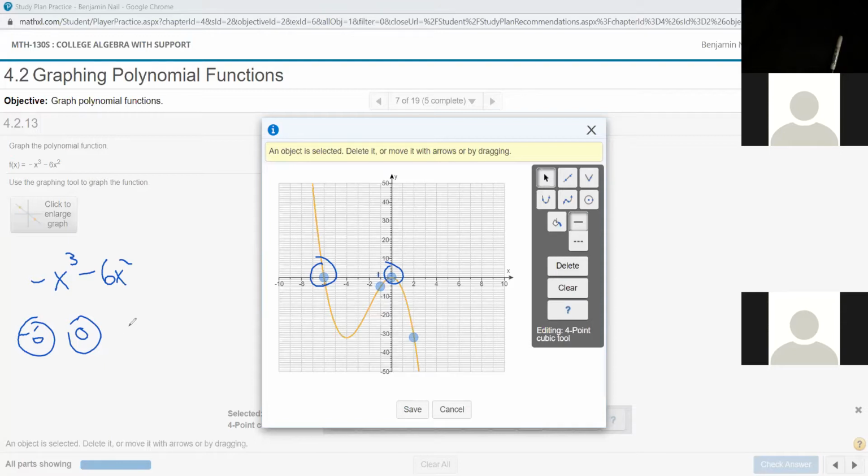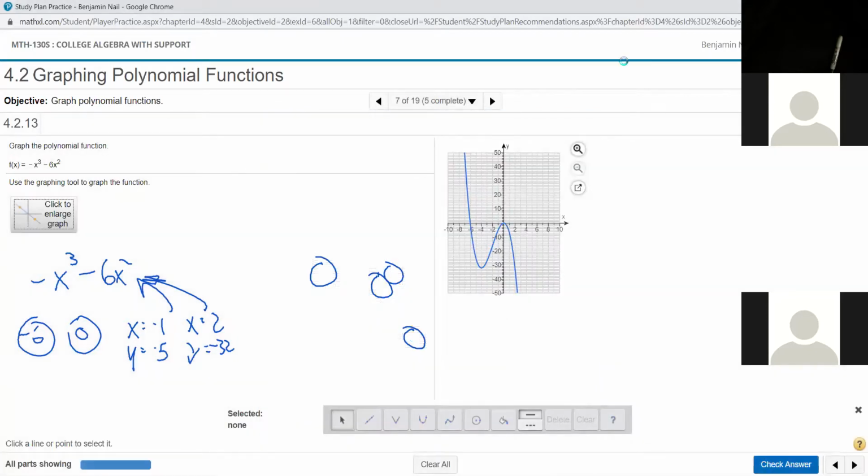I picked that x value of -1, plugged that into my function, which gave me a y of -5, which is why I graphed that point. Then I picked an x value of +2, just because, plugged that into the function, and got a y value of -32. That's why I graphed that point. My math lab went ahead and drew this whole yellow curve in. So then I can save this, and then I can check my answer.